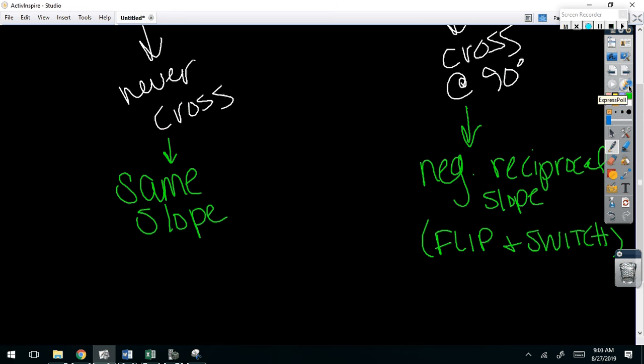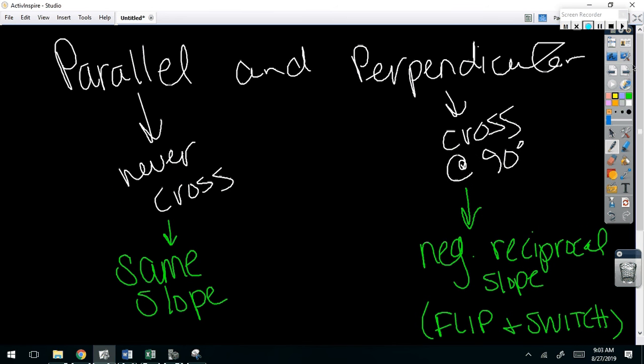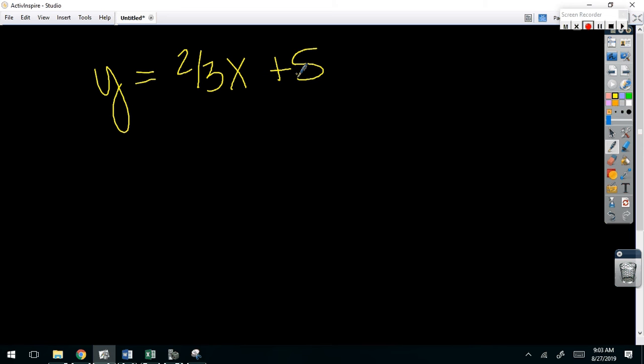So, for example, let's say you have the line y equals 2/3 x plus 5.